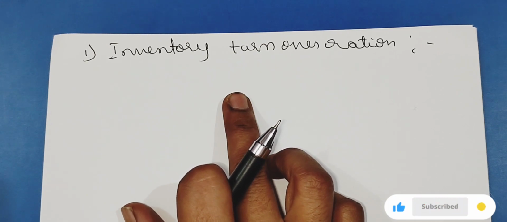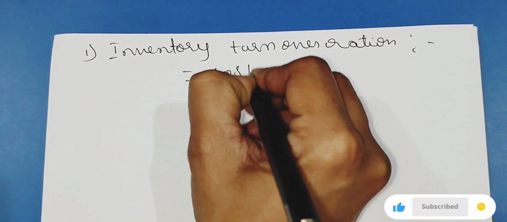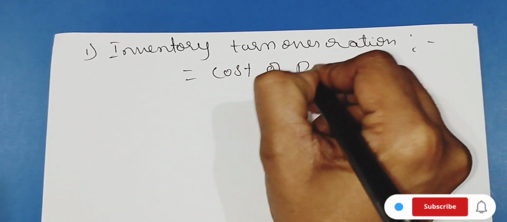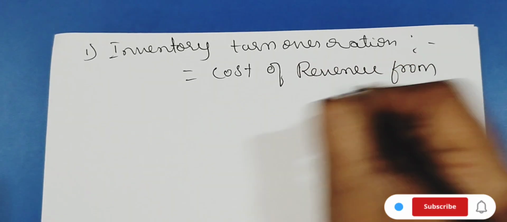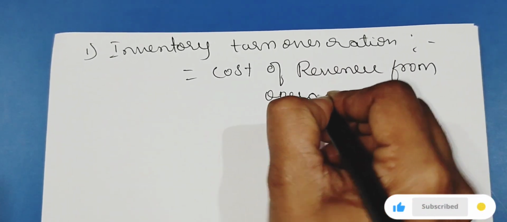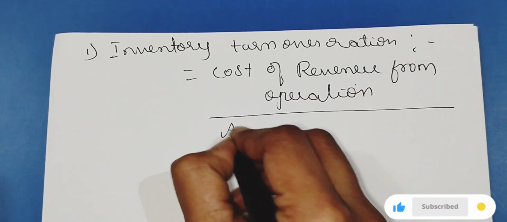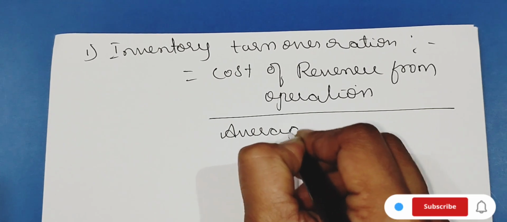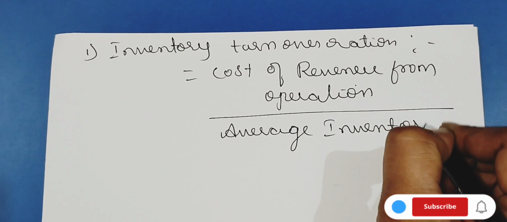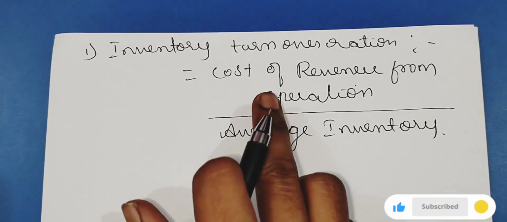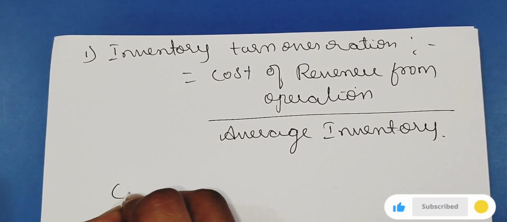The formula for inventory turnover ratio is cost of revenue from operations divided by average inventory. So first we will understand how we are calculating the cost of revenue from operations.